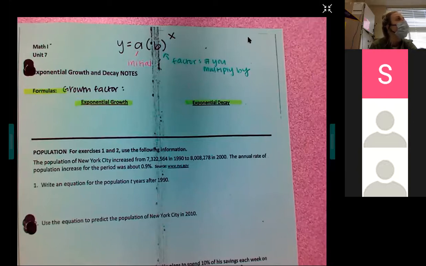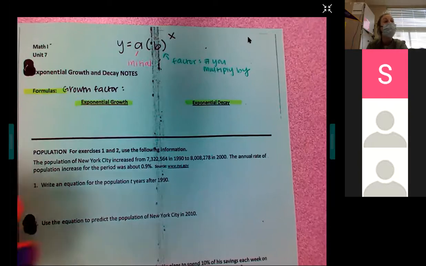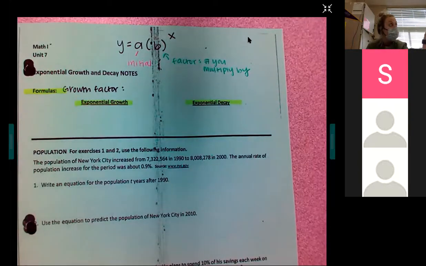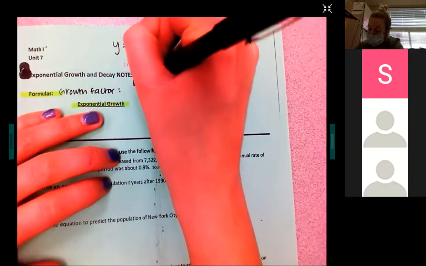Yeah, so, and let's not use the word whole number because it may have a decimal on the end, but the most important thing we talked about on Friday, if it was growing, we wrote down that it would be bigger than 1. I want you to write that. If it's a growth factor, it should be bigger than 1. B is greater than 1.